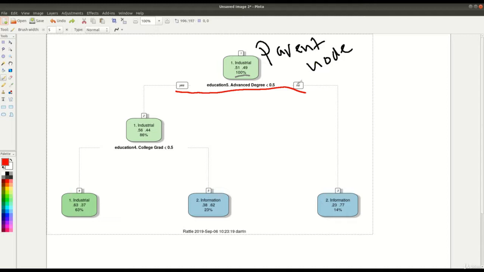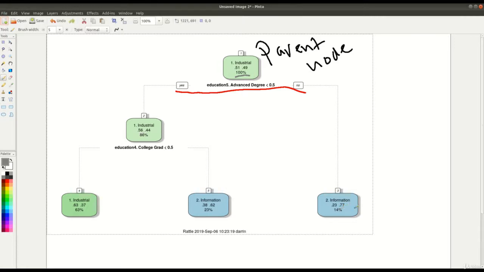Now, when we have this first split, notice what's happening here in the next node. So here it's still called industrial because 56% of the data is industrial. This is a child node. And so over here, this is called information because now the majority is, their job is classified as information.